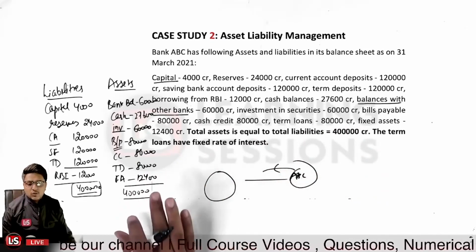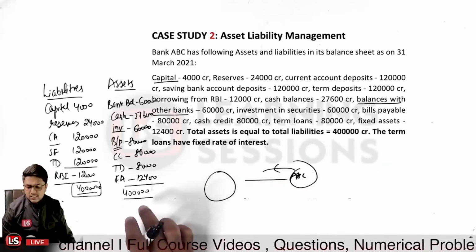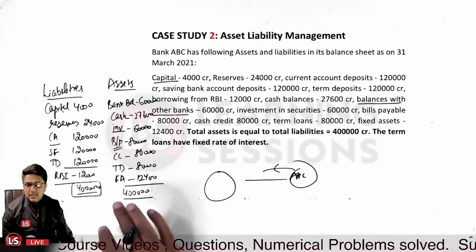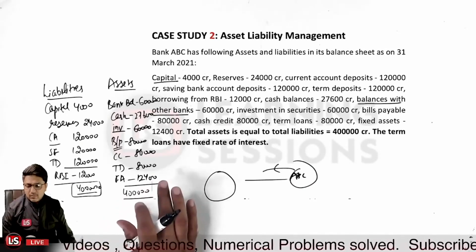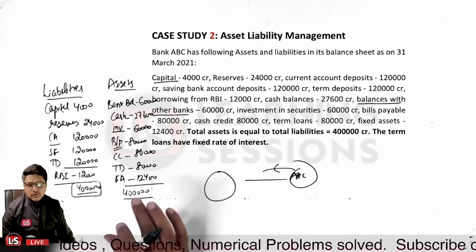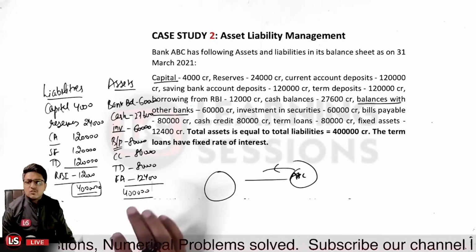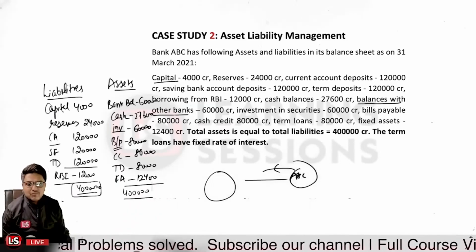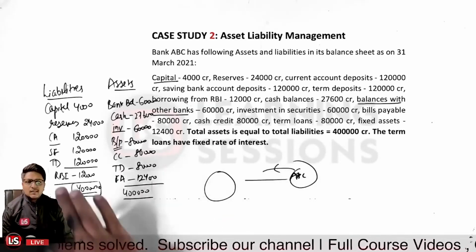So these will be taken on the asset side. Otherwise, bills payable is a liability, but in the books of the bank, it is not a bill that is drawn on the bank, it relates to the bills that have been discounted by the bank. So these are basically the assets and liabilities.